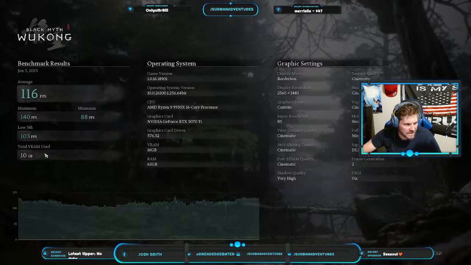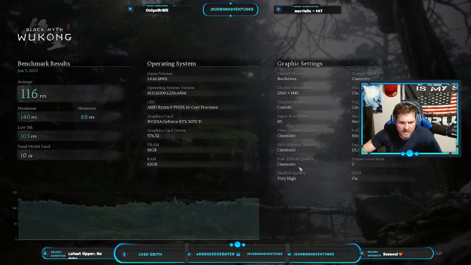Uses 10 gigs of VRAM. Low fifth, we got down to 103, but our 1% low is 88. If 88 is our 1% low, that's plenty good. And that's while streaming.